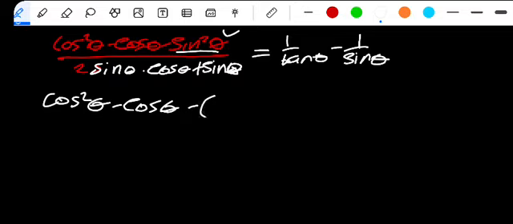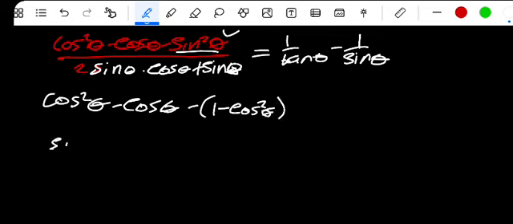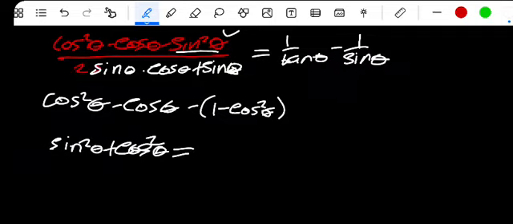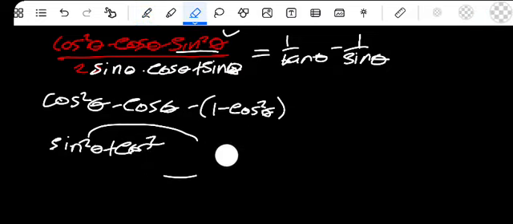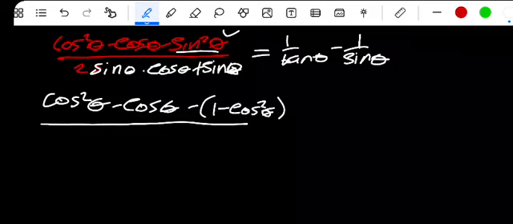Using the Pythagorean identity, sine squared theta is the same as 1 minus cos squared theta, because sine squared theta plus cos squared theta must equal 1. So you take this to the other side. You know how to do that from this identity.